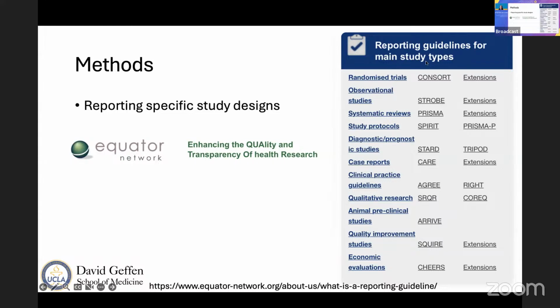They have reporting guidelines for different types of study. For example, a randomized control trial is called CONSORT guidelines. For observational studies, it's STROBE. For systematic reviews, it's PRISMA, and so on and so forth. So there are different study protocols whose guidelines you need to adhere to when you report a specific study design.